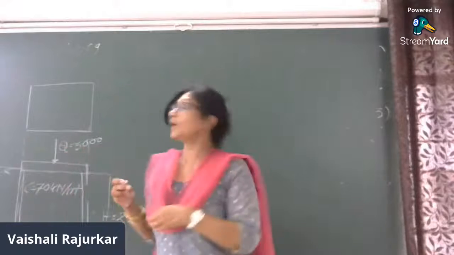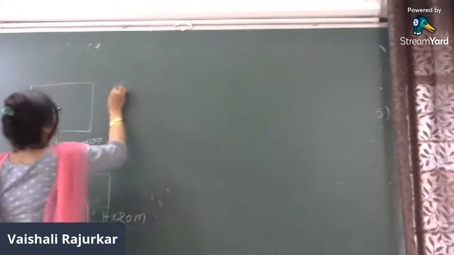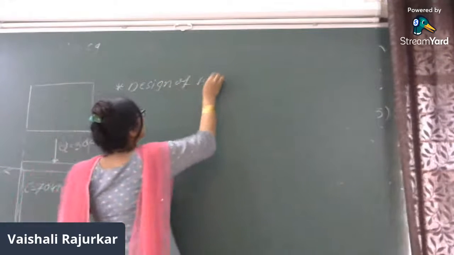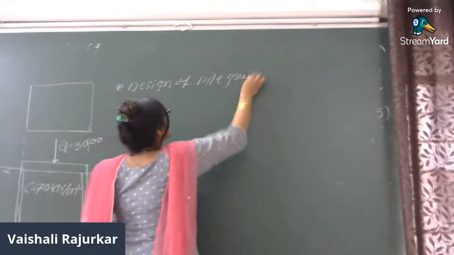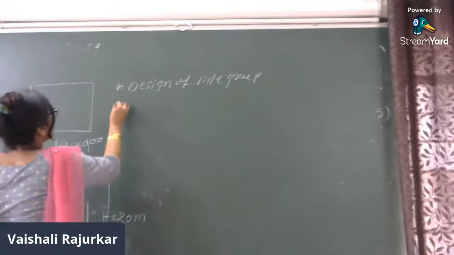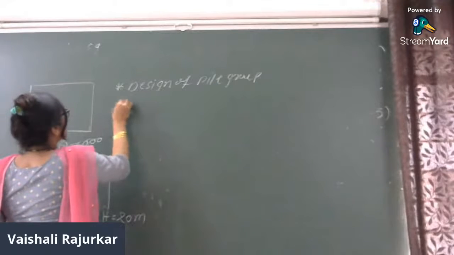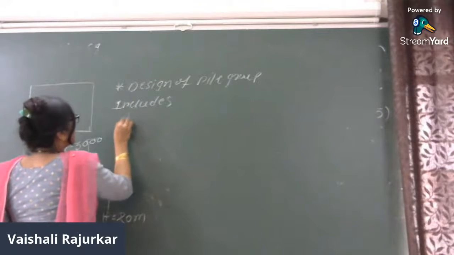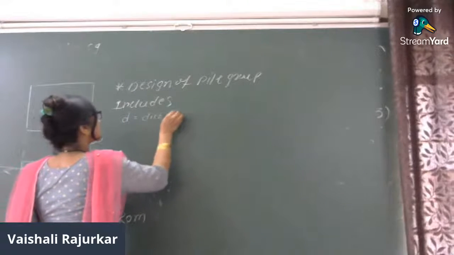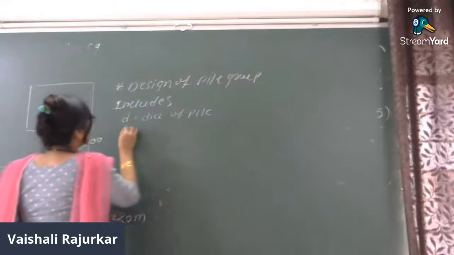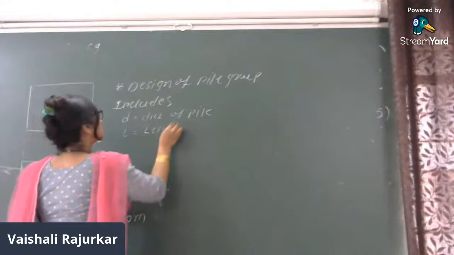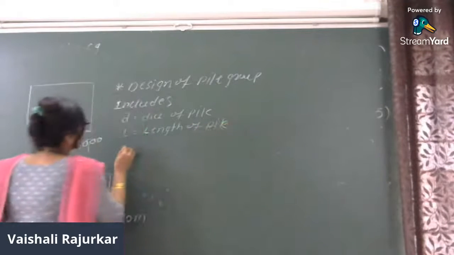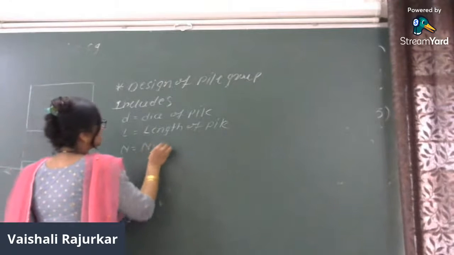Now in this case, when you want to make a design of the pile group, the design includes first the diameter of pile D, then L, the length of the pile, then N, the number of piles.